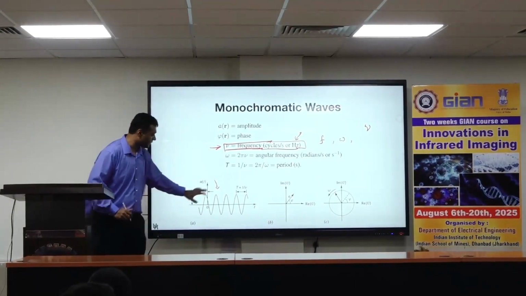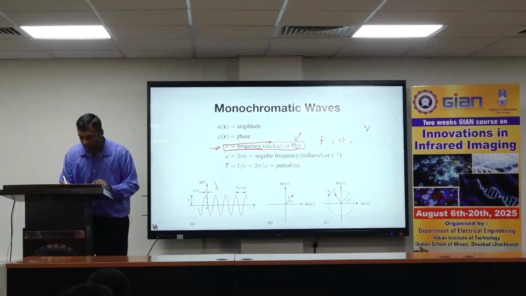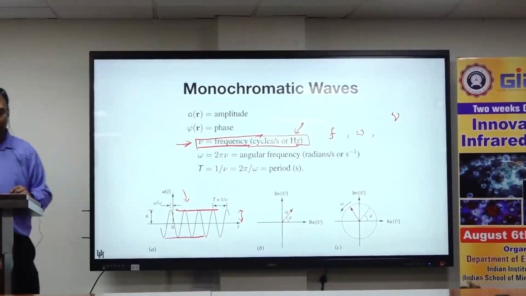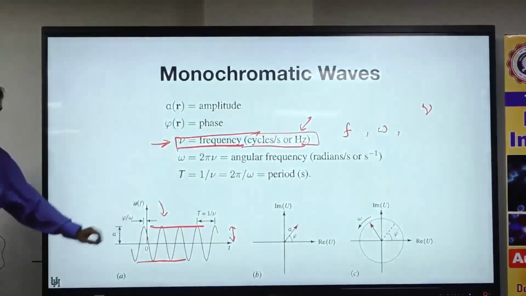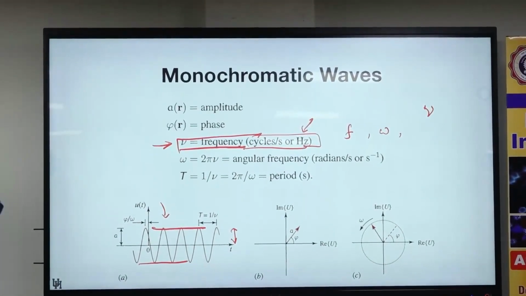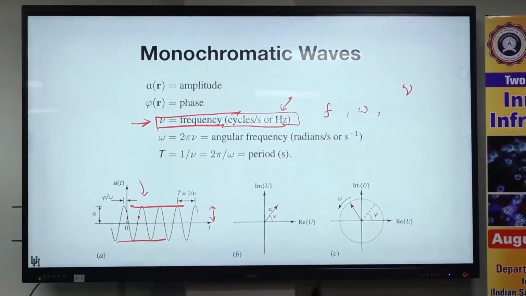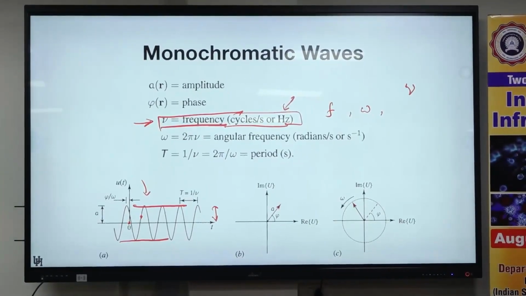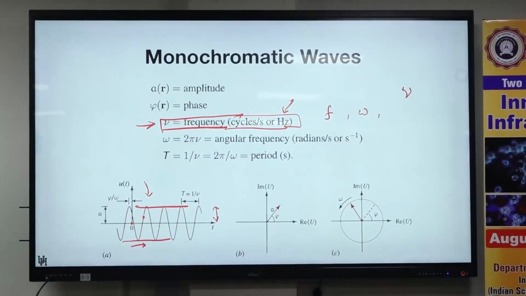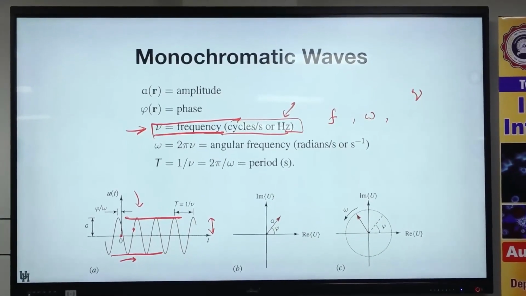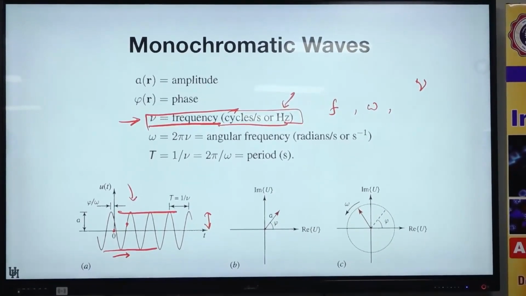So the amplitude is this, basically how high this is. And then the phase basically tells you, relative to some origin, how much of an angle has increased as time propagates.